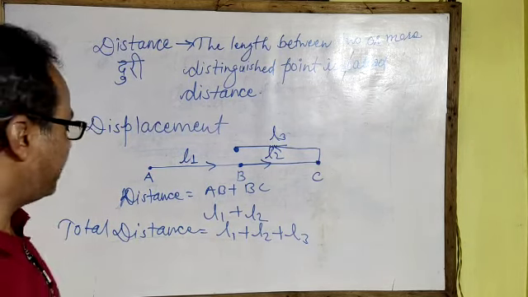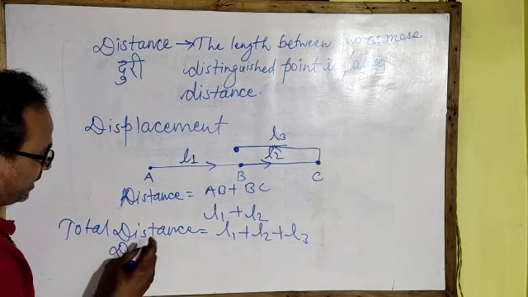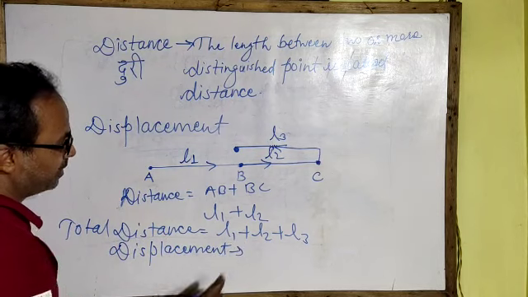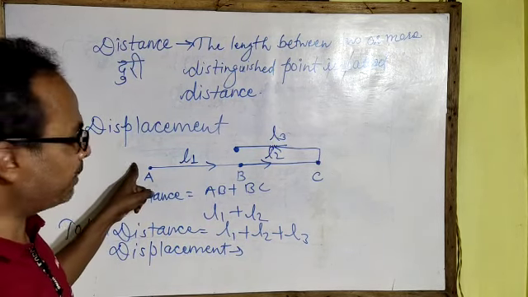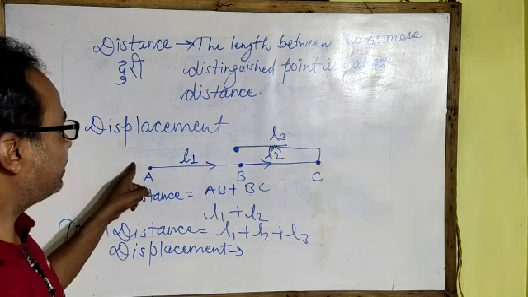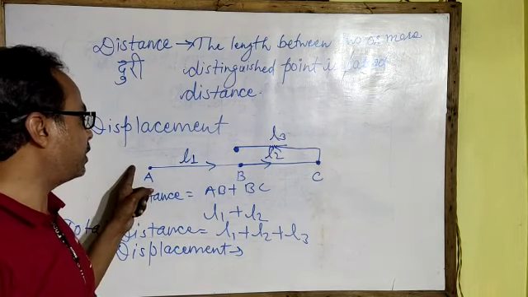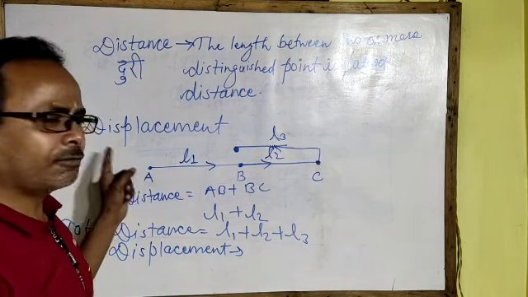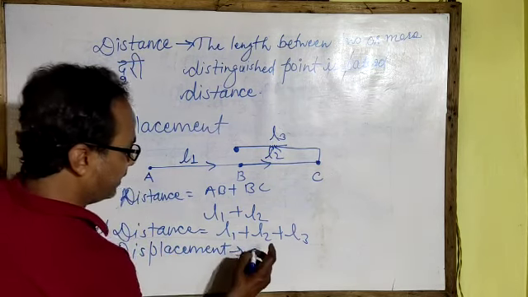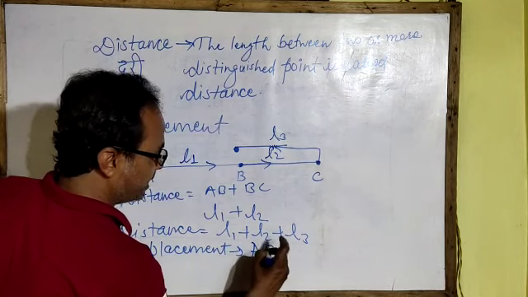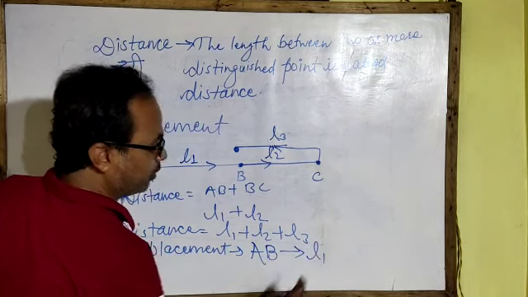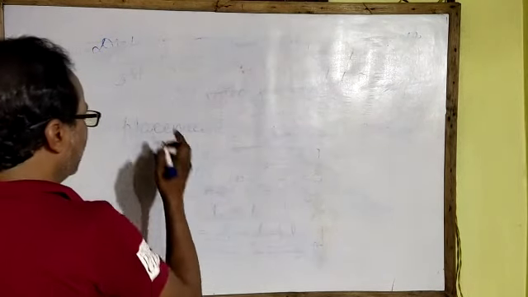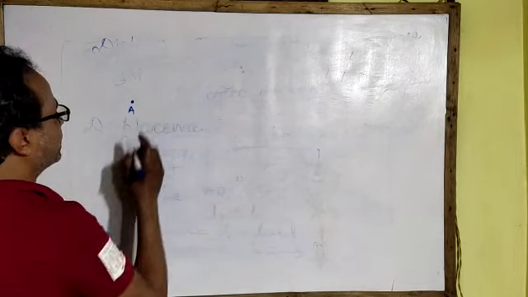But in the case of displacement, see what happens. Displacement is how far the person actually is from the point A, that is AB, that is L1. Here we have to understand two things.